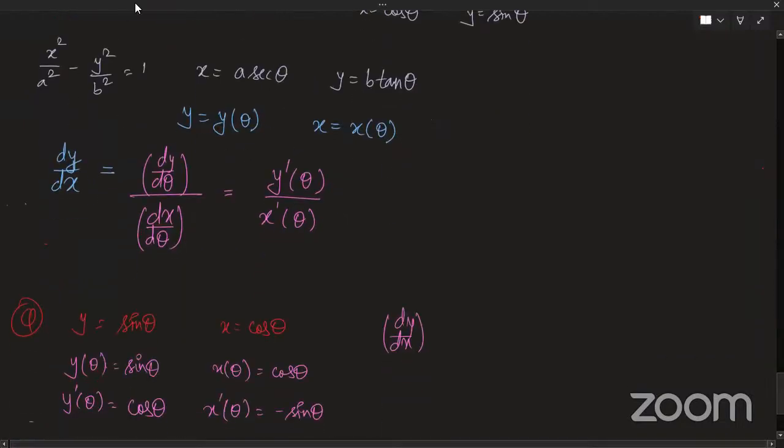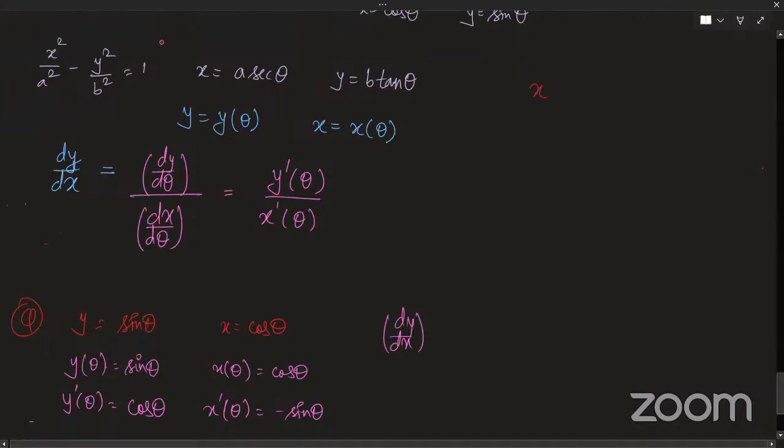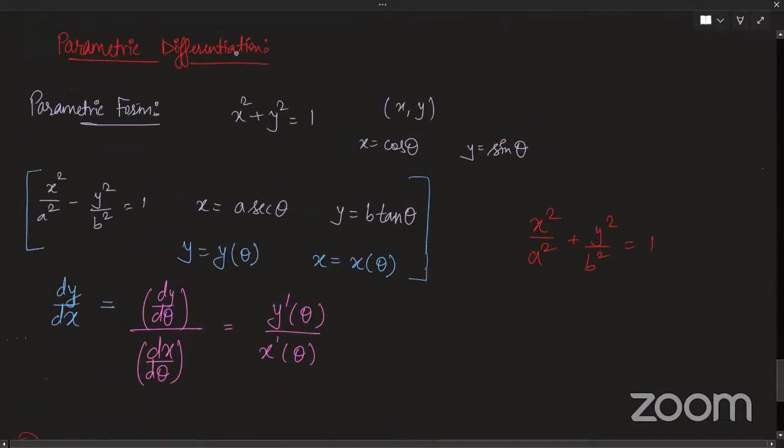If you have done this, so I want to ask you, how will you represent your ellipse? So you've got an ellipse like this. How will you represent your ellipse in parametric form? Anyone? See, circle we have done, hyperbola we have done.